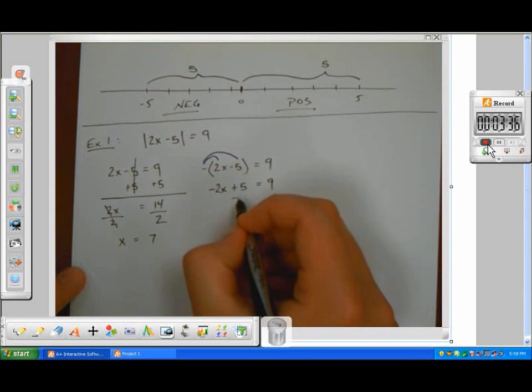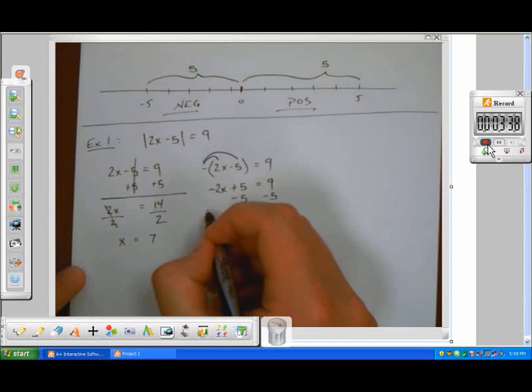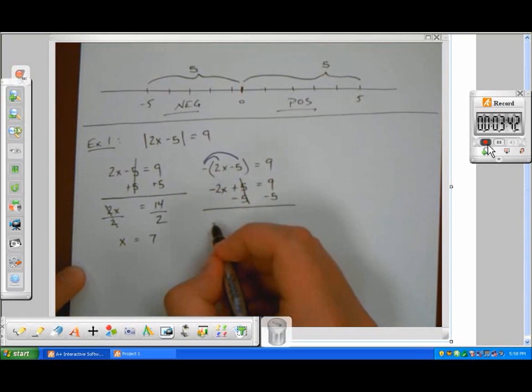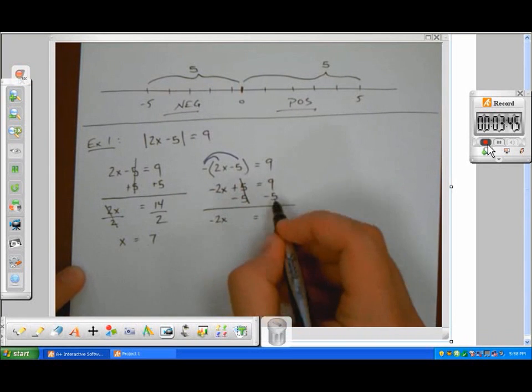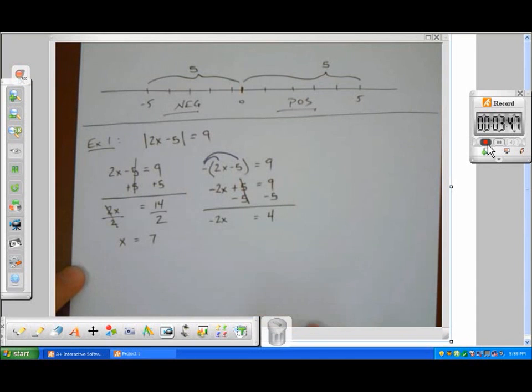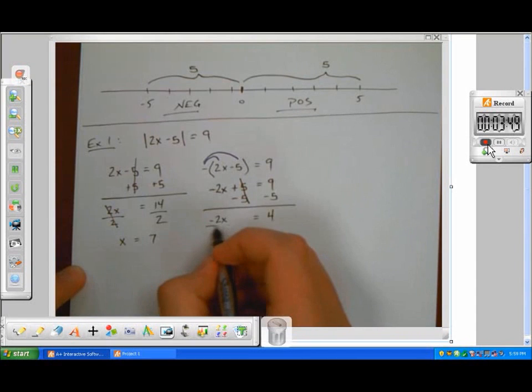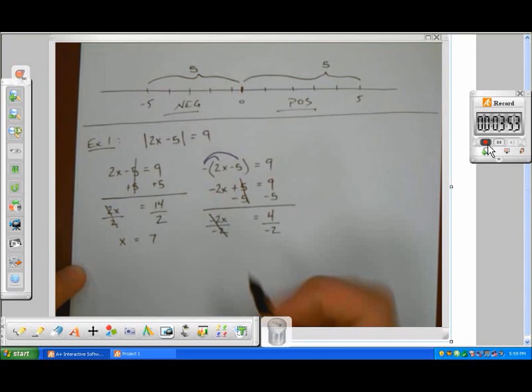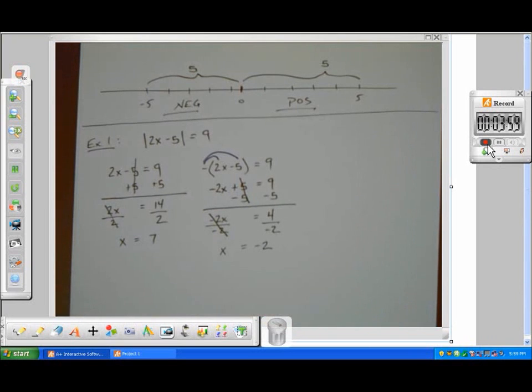Minus 5 on both sides. These cancel out. So negative 2x is equal to 4. And then we divide both sides by negative 2. Those cancel out. X equals negative 2. So I have my two answers.